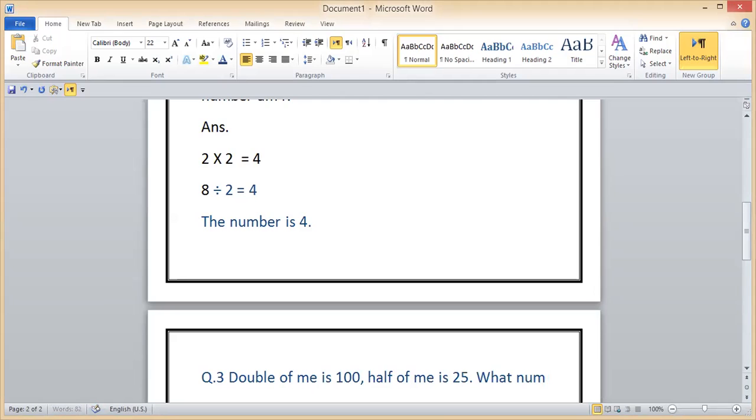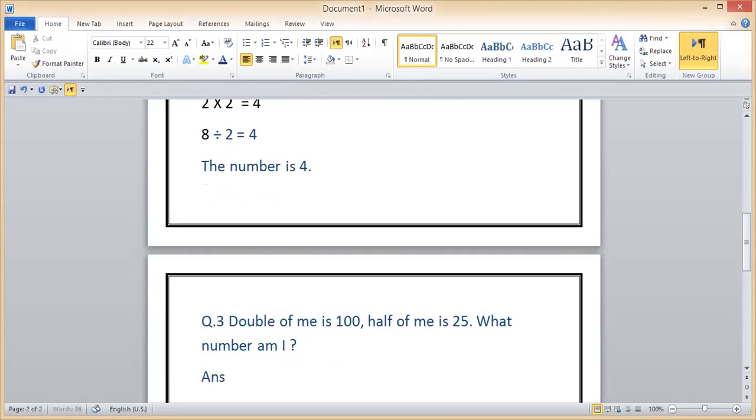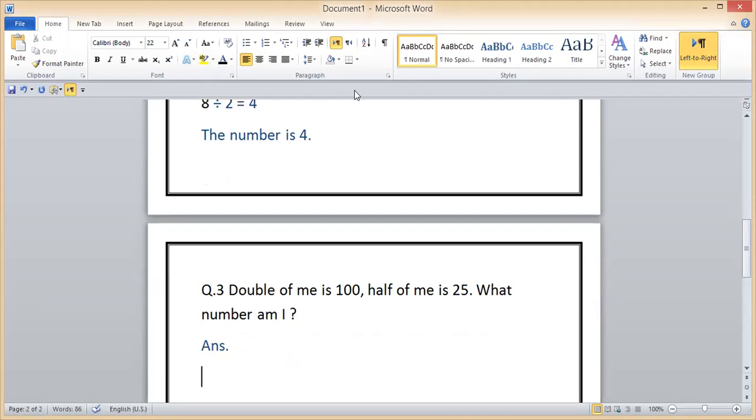What number am I? So this is very easy, guys. Can you tell me the answer of this? Yes. Guys, can you tell me the answer of it?